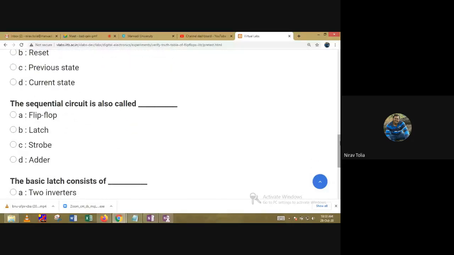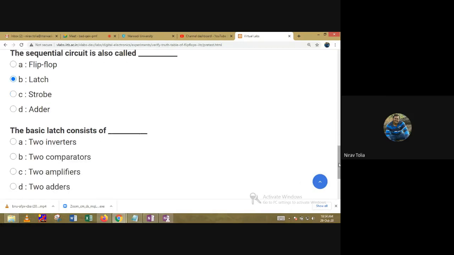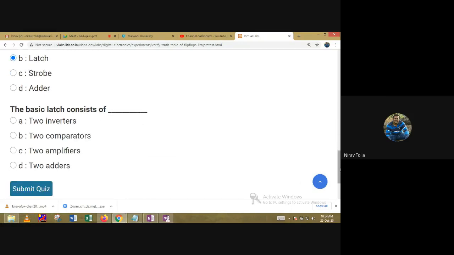The sequential circuit is also called a flip flop, a latch, a strobe or an adder. Okay, so Parthiv gives the answer, Miloni, Kisan gives the answer, it is B. Again, Nishita, Dirga, Keyur and Henil also give the answer, it is B. The basic latch consists of two inverters, two comparators, two amplifiers, or two adders.